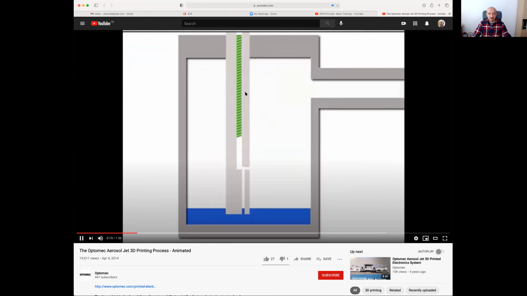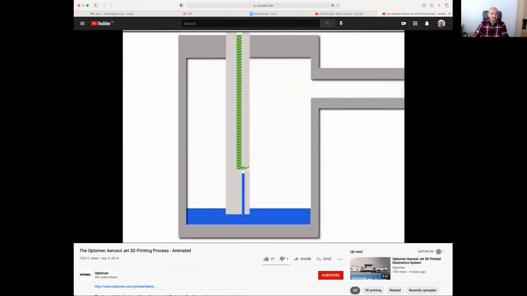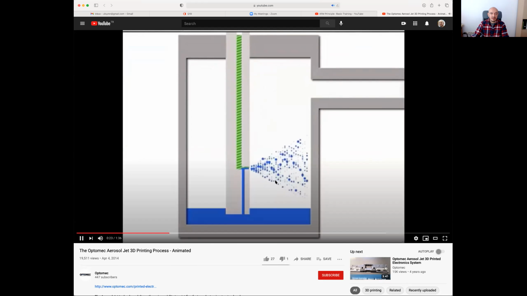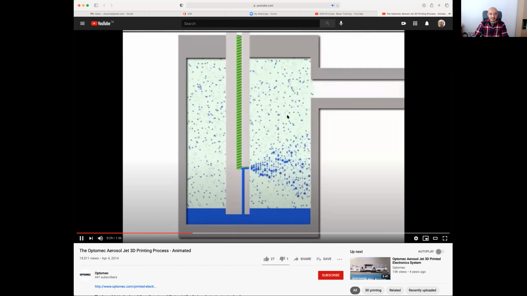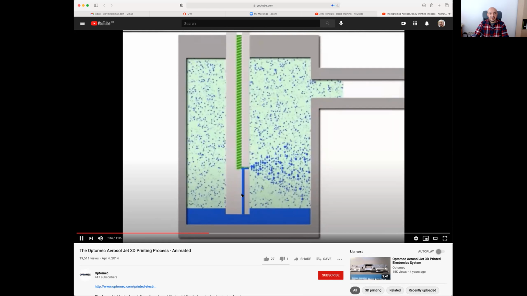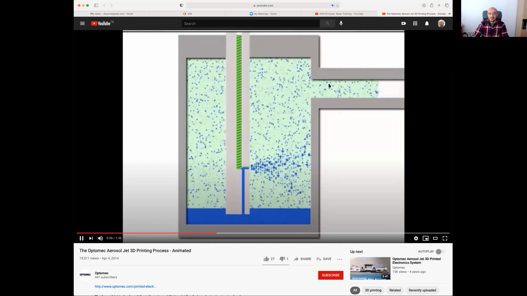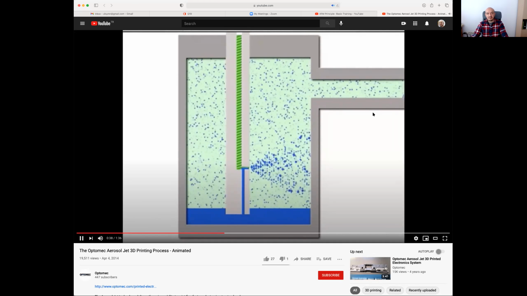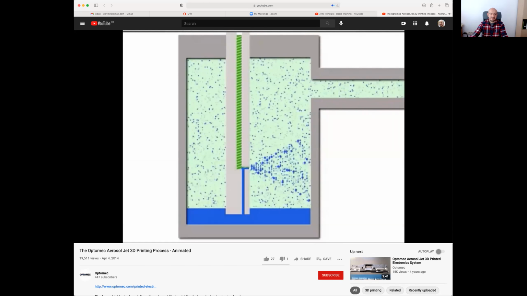They have a kind of screw. These particles are atomized, and we have all these particles inside the chamber. And then they are moved to the other region of the system with the help of the pressure.